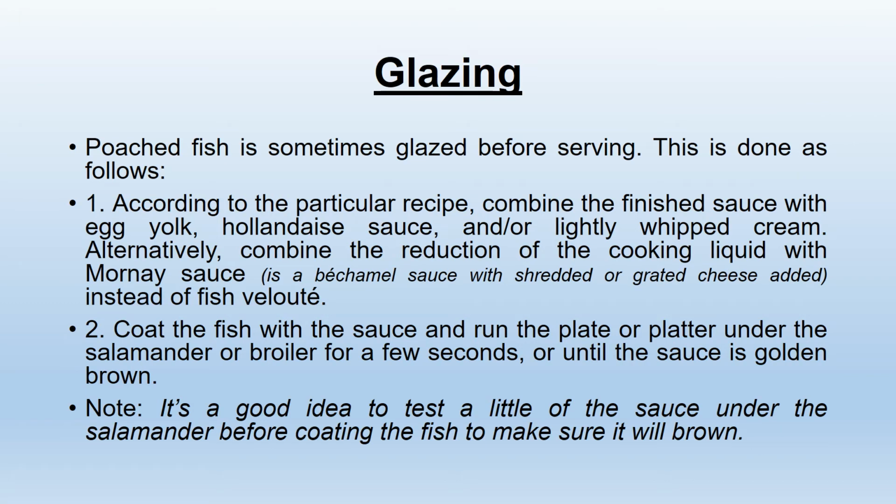Alright, so the next one, glazing. Poached fish is sometimes glazed before serving. This is done as follows. There are some techniques for glazing your fish. According to the particular recipe, combine the fish sauce with egg yolk, hollandaise sauce, and/or lightly whipped cream. Alternatively, combine the reduction of the cooking liquid with Mornay sauce.